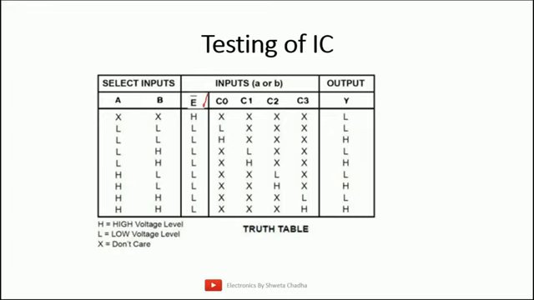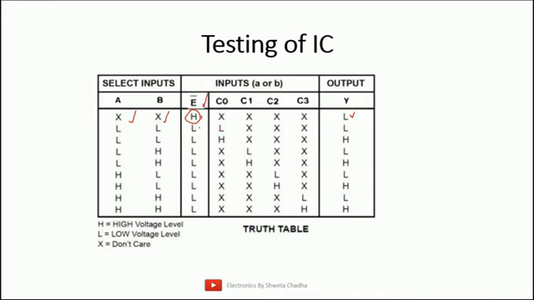Let us discuss. When the enable pin is high, our multiplexer has not been enabled yet, so at that time it doesn't matter what the value of the select lines and input signals is, the output is always going to be a low signal, that is 0.